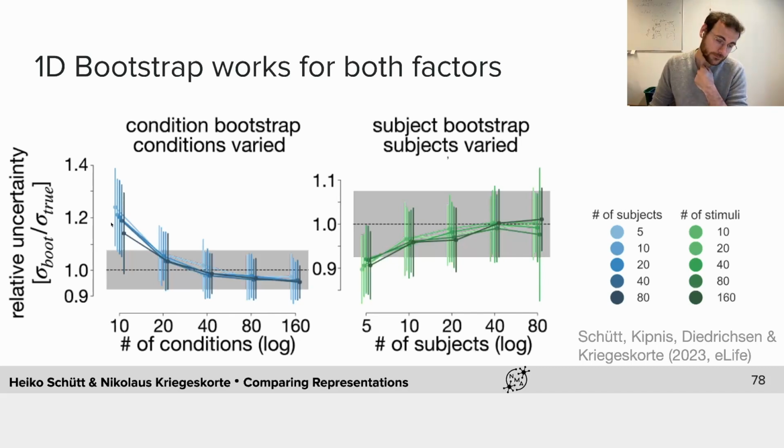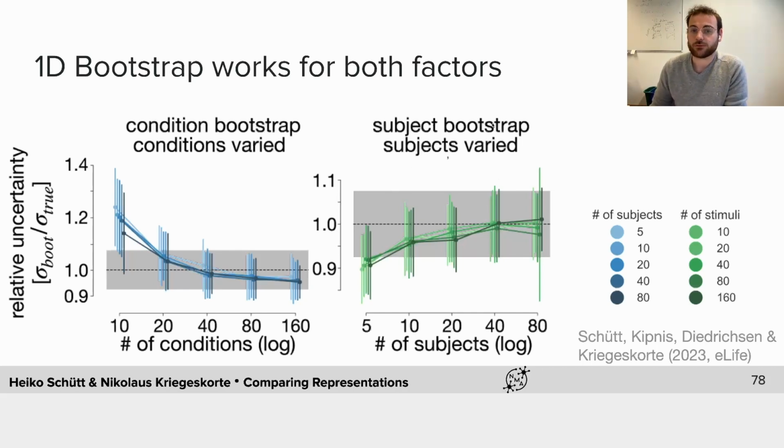And what you can see here is that we would love to be at this 1.0 line, which would mean that our bootstrap exactly estimates the variance correctly. And indeed, if we have sampled enough conditions or stimuli, we converge to values close to 1. So we get this estimation right fairly well.